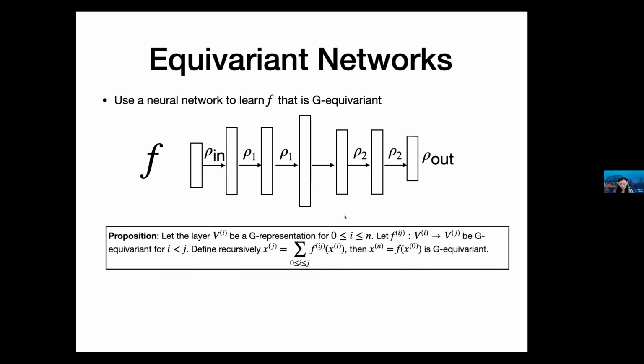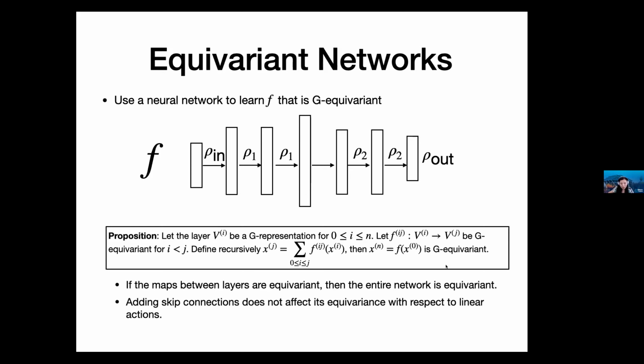In our paper, we proved that with this type of layer-wise composition of equivariant layers, even with residual connections, the whole network is equivariant. If the maps between layers are equivariant, then the entire network is equivariant. Adding skip connections or residual connections does not affect its equivariance with respect to linear actions. So that's the high-level idea.